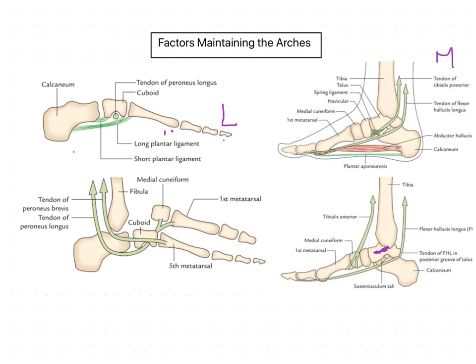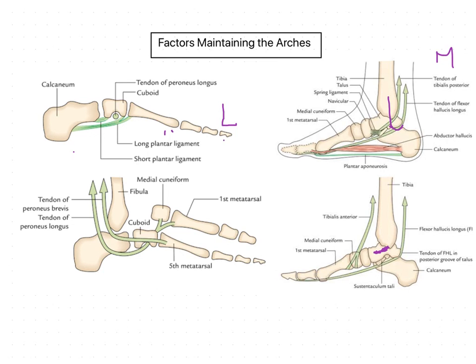Now the ligaments mainly help in preventing the flattening of the arches. When weight falls on the subtalar joint, the maximum strain is felt at the calcaneo-cuboid joint.